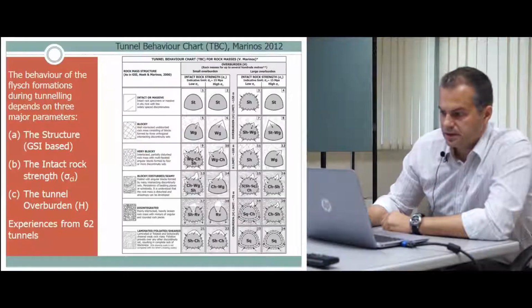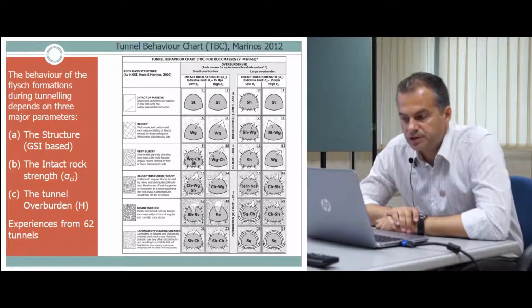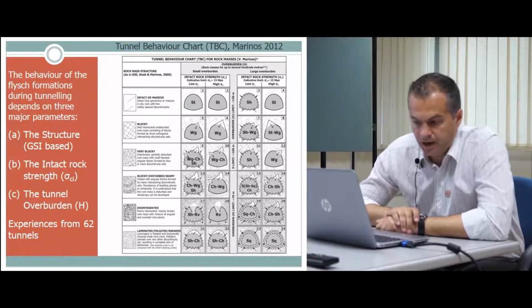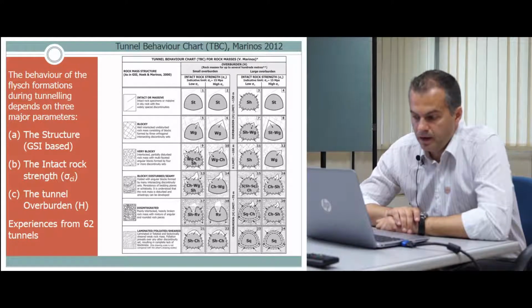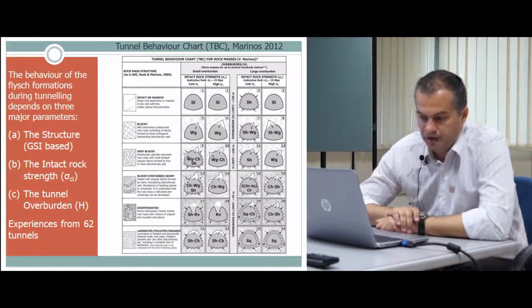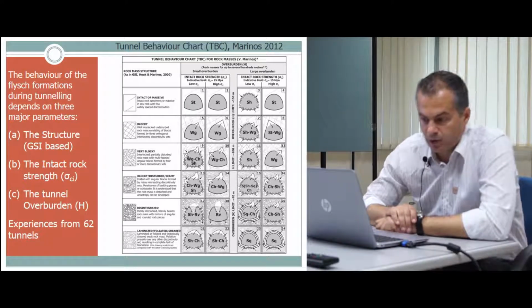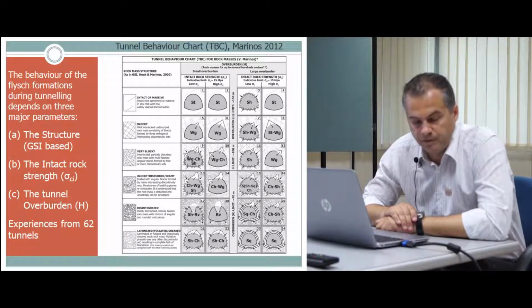And now we can proceed to this tunnel behavior chart, which has the experience from these 62 tunnels. This chart is based firstly on the identification of the possible structure of the rock mass, then the intact rock strength, and the tunnel overburden.